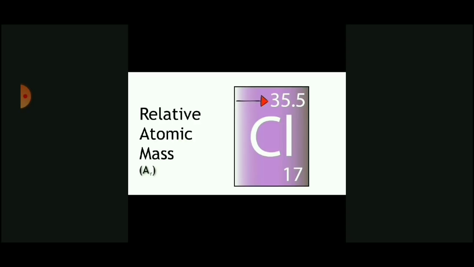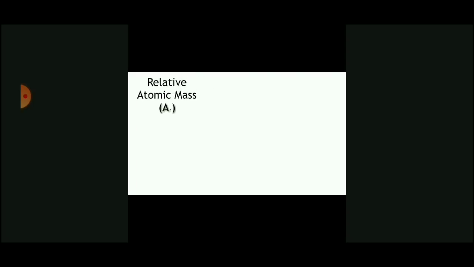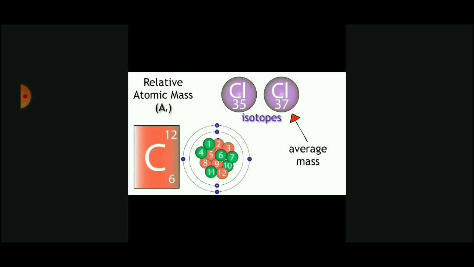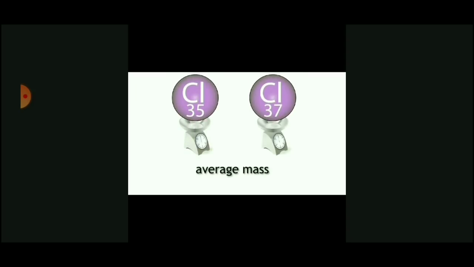That is, relative atomic mass Ar; you have two isotopes, chlorine-35 and chlorine-37. To calculate the relative atomic mass, we should note down the mass number, that is 35.5. To find the average mass, place both the isotopes of chlorine in a balance.